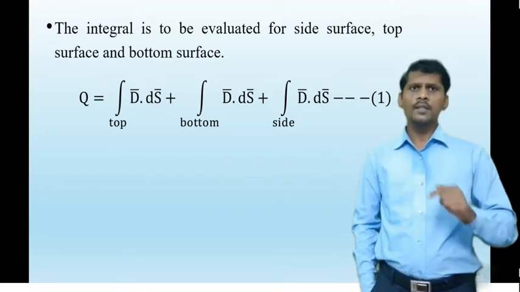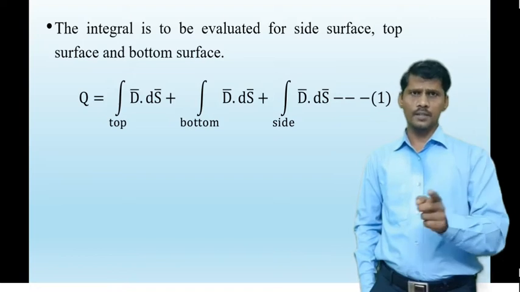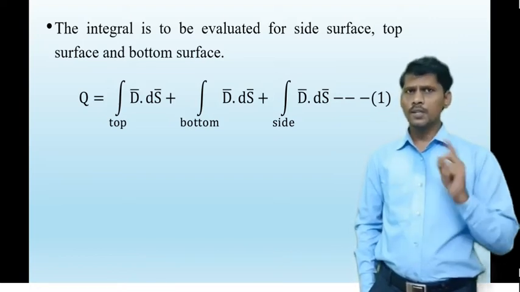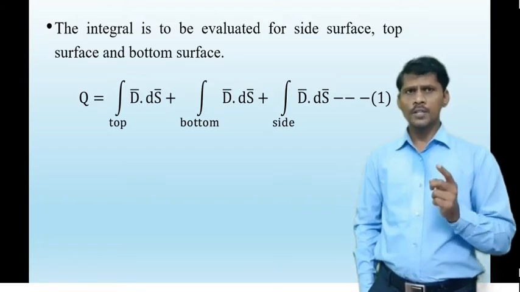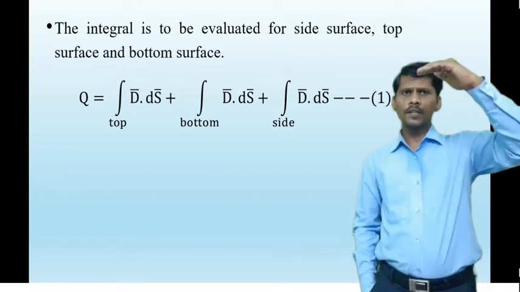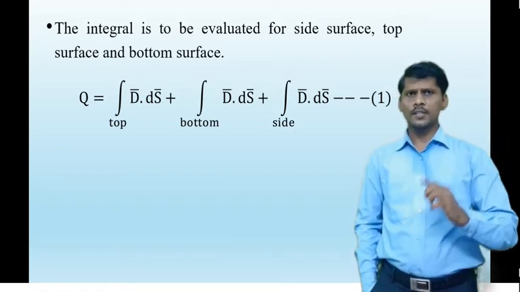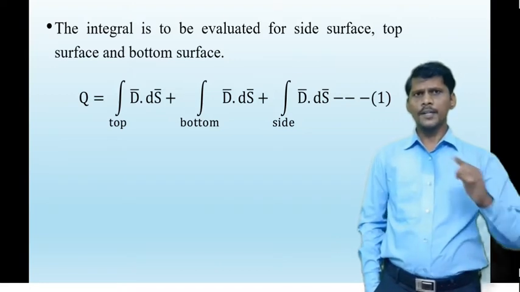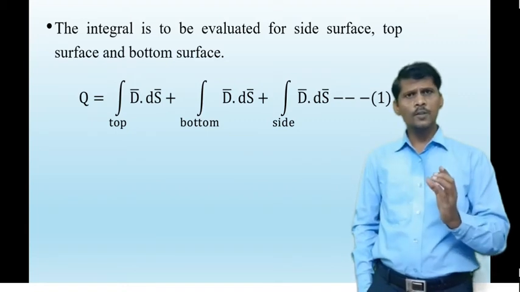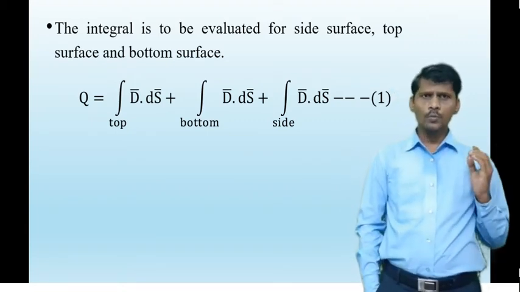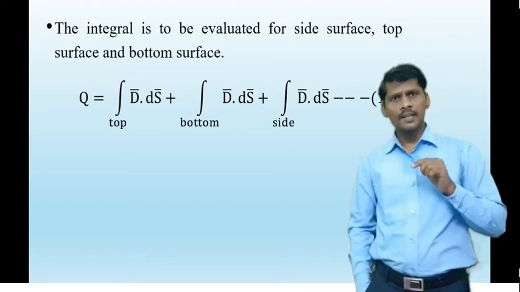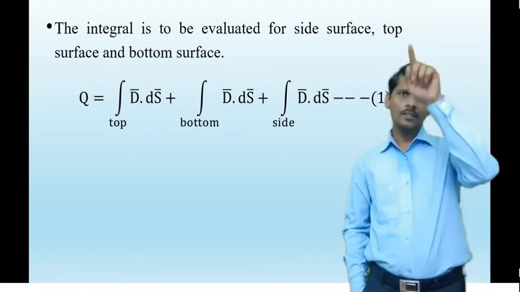Here the Gaussian surface is a closed surface, so the flux is evaluated over three parts: top of the cylinder, bottom of the cylinder, and side of the cylinder. At any point on the Gaussian surface, the electric flux density varies only in the radial direction, not in the z direction or x direction, because the line charge is placed on the z-axis.